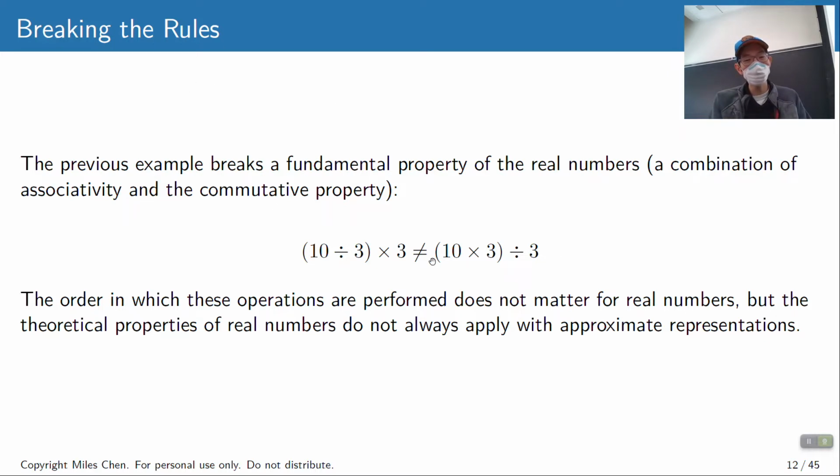So if we were dealing with real numbers, these two things should always be exactly the same. But when I'm working with a calculator that only has approximate representation of these numbers, these two things don't end up equal. Okay? So some of these fundamental rules that we expect break down when we're working with approximate representations of numbers.